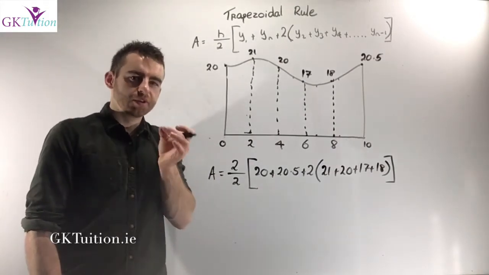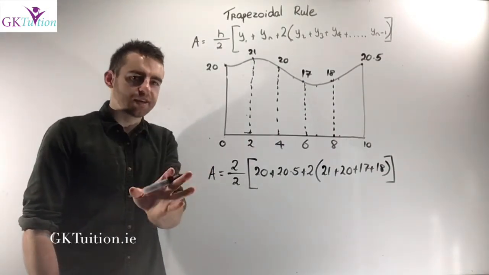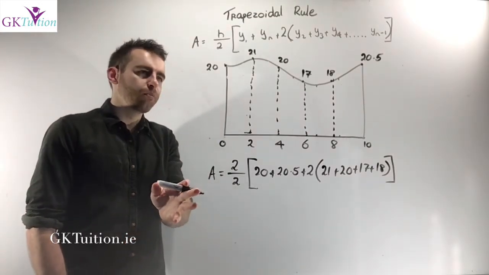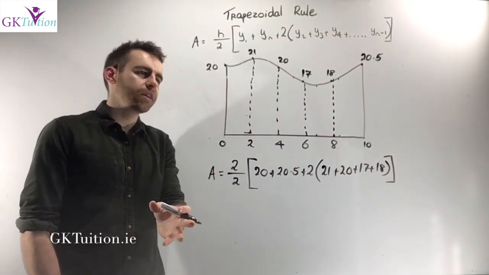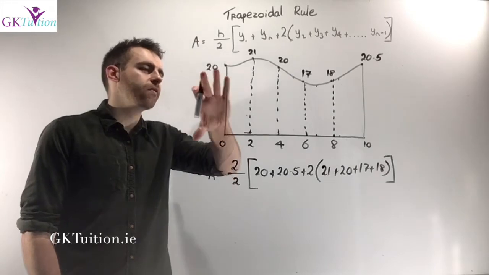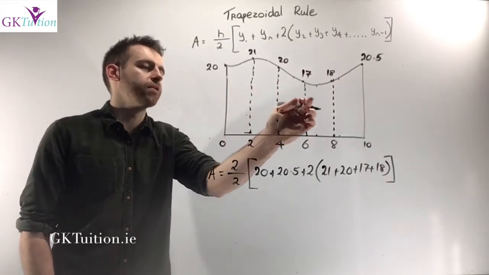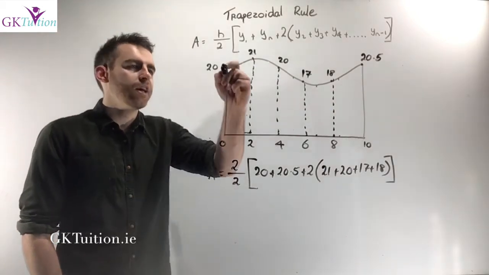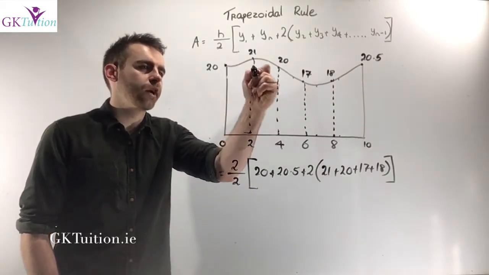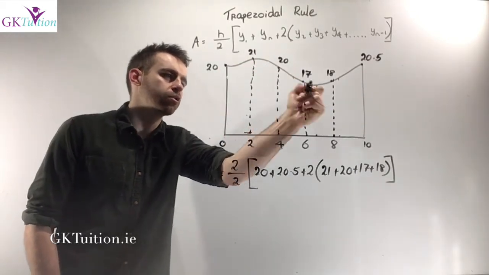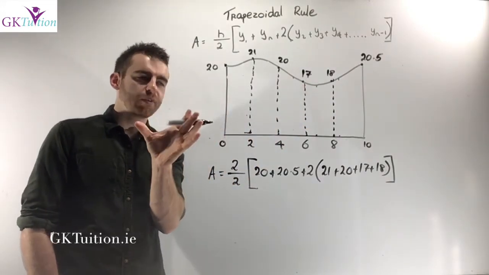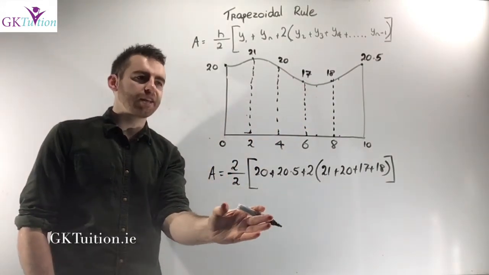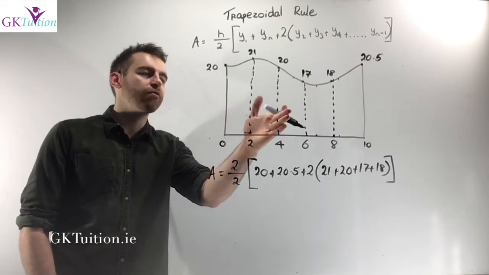I want you to understand where this is actually coming from. Basically what we're doing in this formula is we're roughly saying we've divided this shape into 5 different segments. And we're saying that roughly each one of these segments is a rectangle. If they were all actual rectangles, the area I'm going to get here is the area of 5 rectangles.